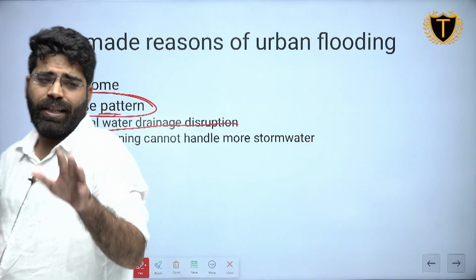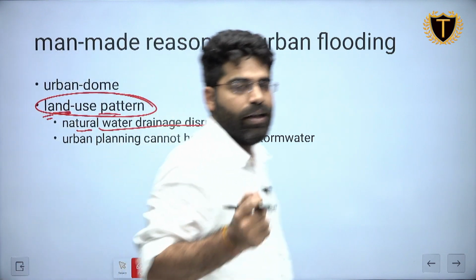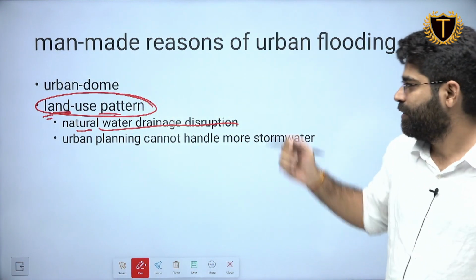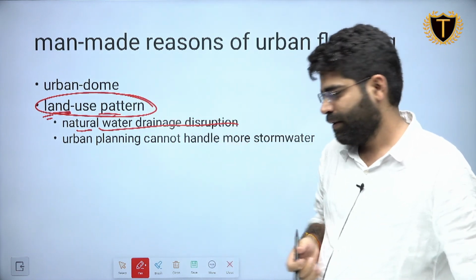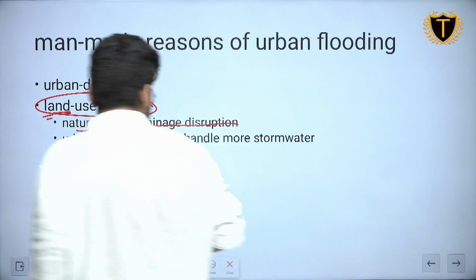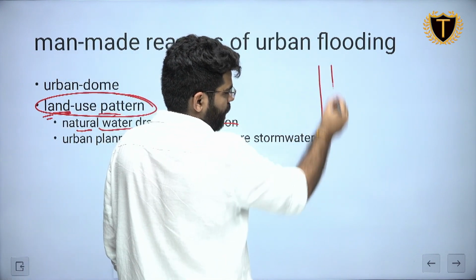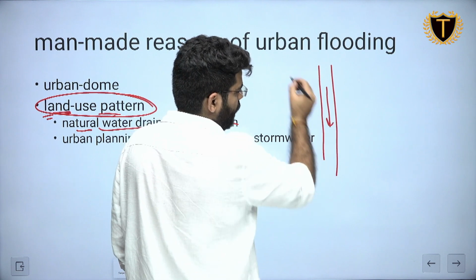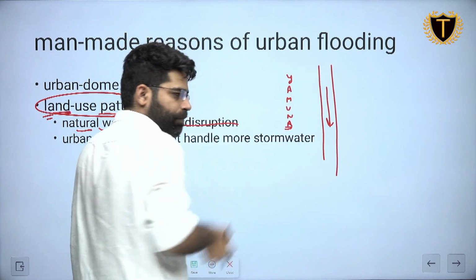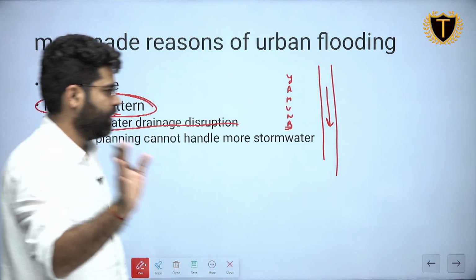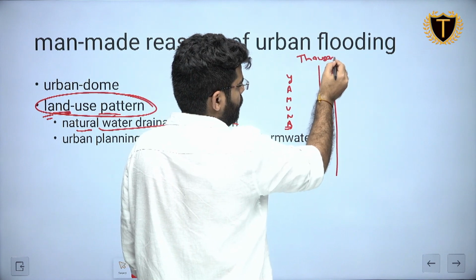So let me take an example to make you understand how the urbanization, or how I should say the land use pattern, is changing the natural water drainage. Suppose 1000 years back there was the course of a particular river like Yamuna, which was flowing in a straight manner. I am just taking an example for Yamuna, which was 1000 years back flowing like this.